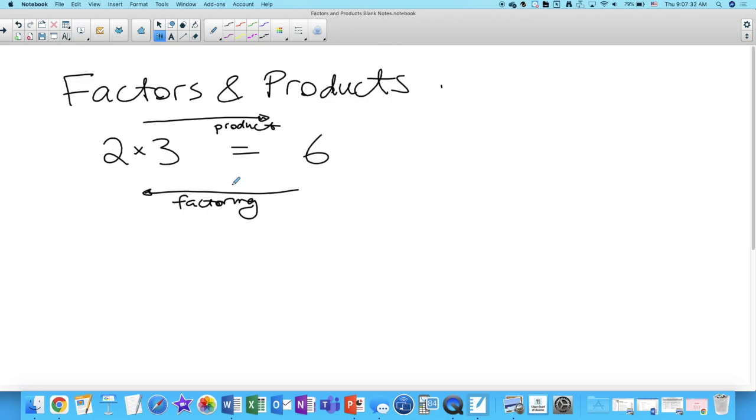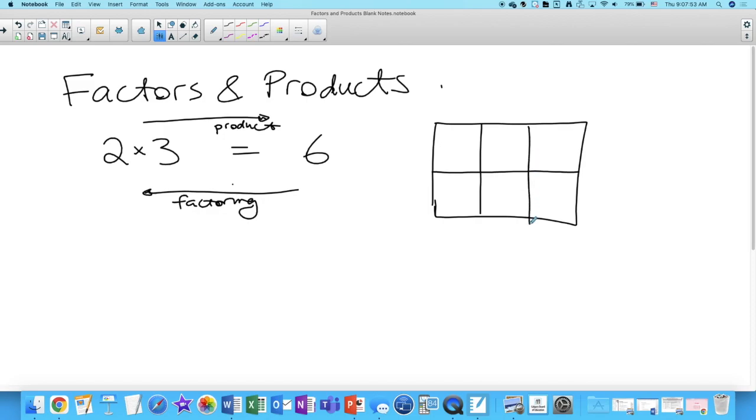Another thing that I want to show you as an overview is that multiplication can be modeled through the area of a rectangle. So if I'm looking at 2 times 3 equals 6, I can model that visually by looking at a rectangle that is 2 by 3, and the area is 6.